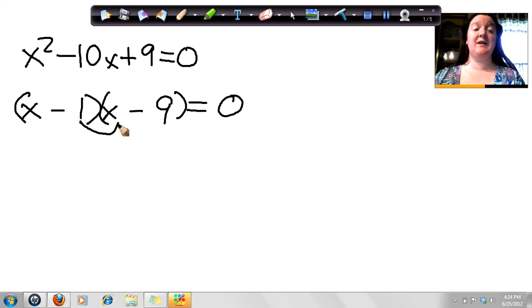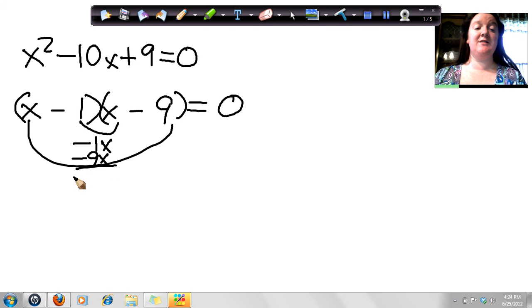But if I look at my inside, I'm going to get a negative 1x. If I look at my outside terms, I'm going to get a negative 9x. So when I add those together, I'm going to get a negative 10x, which is what I started with, so I know I did it right. So now I'm going to take the first term, x minus 1, and make it equal to 0.